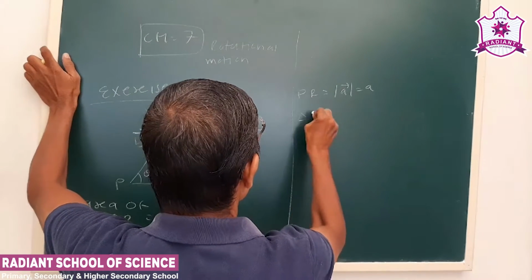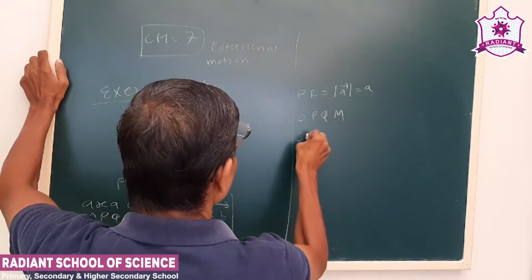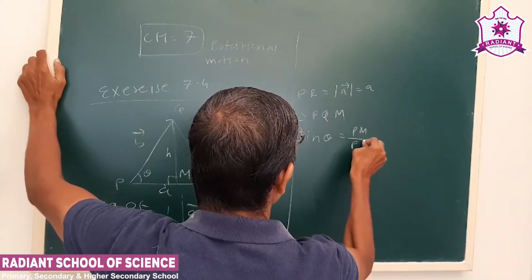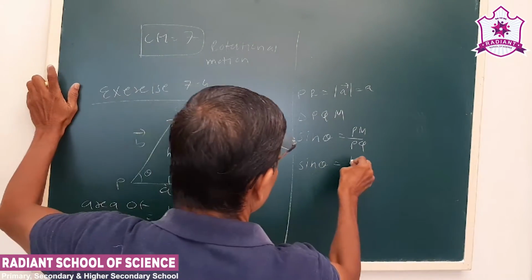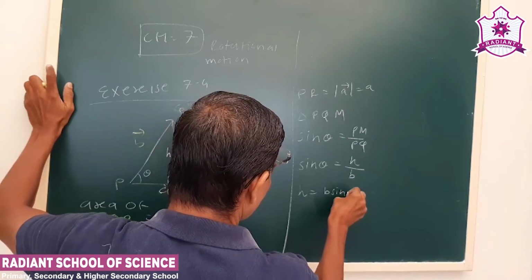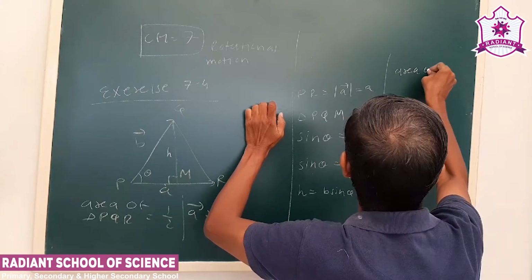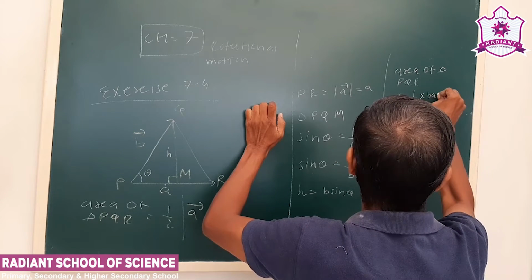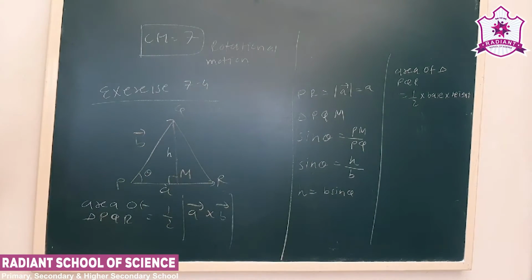Now in triangle PQM, sin theta is PM upon PQ. Here QM is the height H, and PQ is the magnitude of vector B. So H is equal to B sin theta. Now the area of triangle PQR is 1 by 2 base into height.